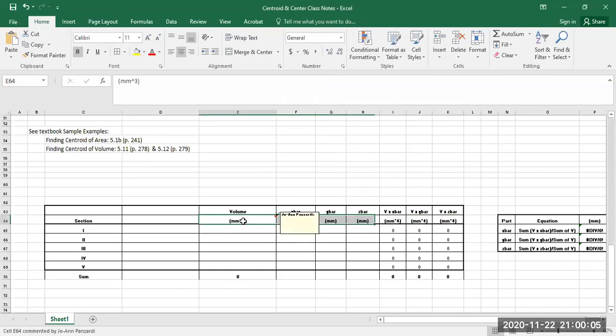Actually, you know what I'll do? I'll put in units. Just make sure you're putting in the right units. And then this is going to be the critical component. In the case we did, it was volume, but it might be something else.